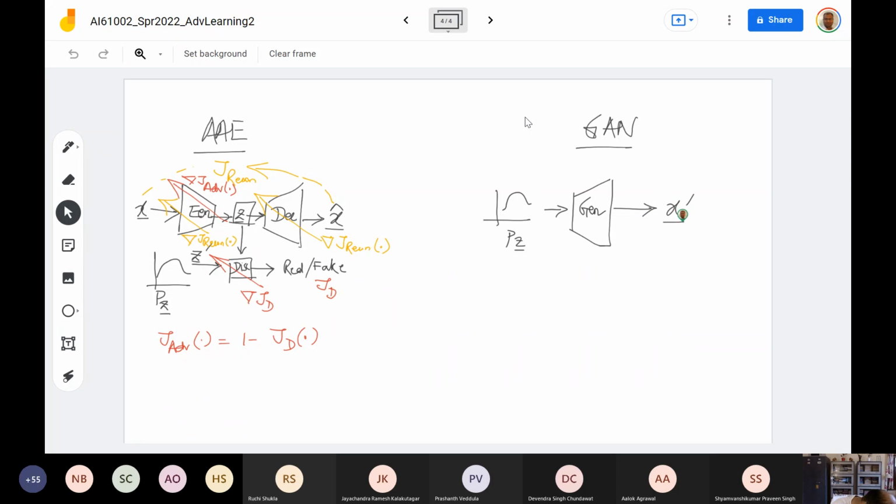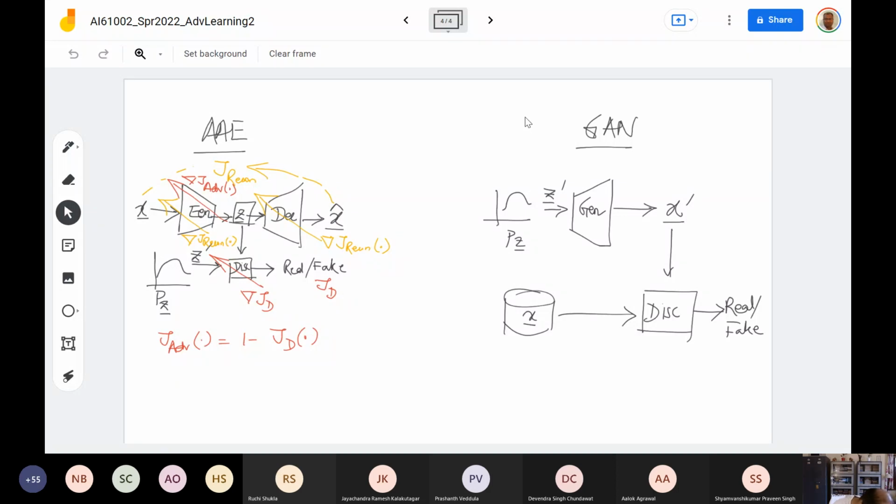I would also call this the Z prime itself, keeping in line with the same thing. Now you have a database of the real X's. You take this one, you take this one, and you create a discriminator. And then you have the same real versus fake being solved over here. Okay. Now the losses which you would need are something like this.